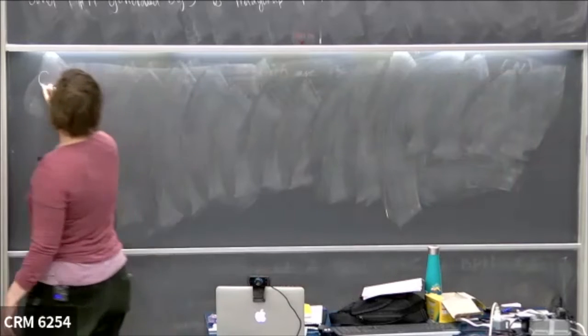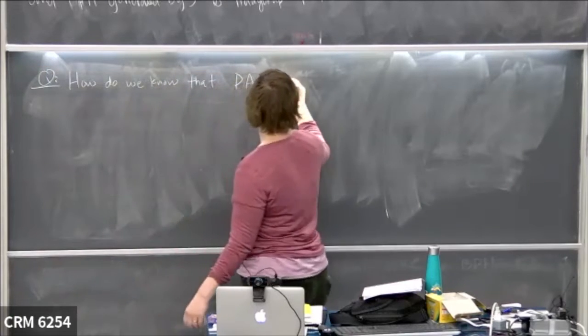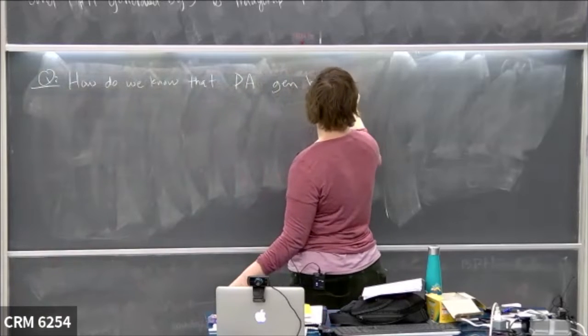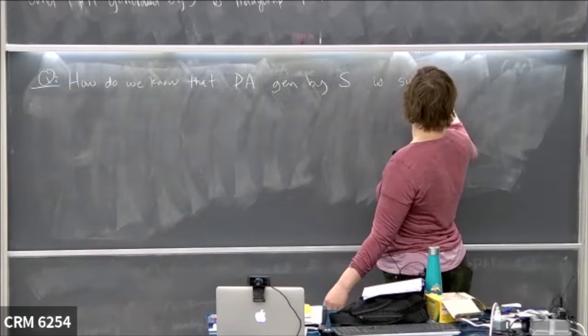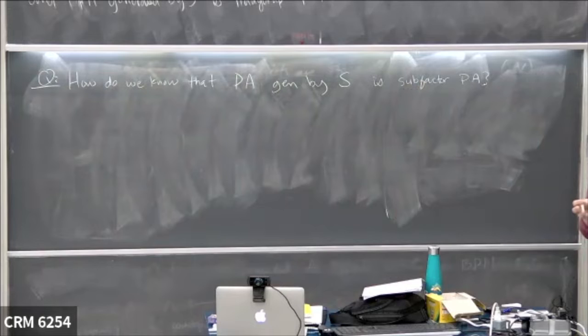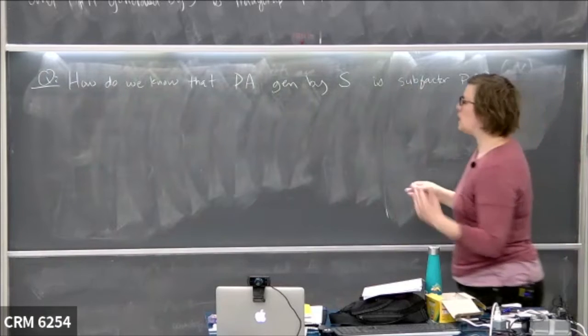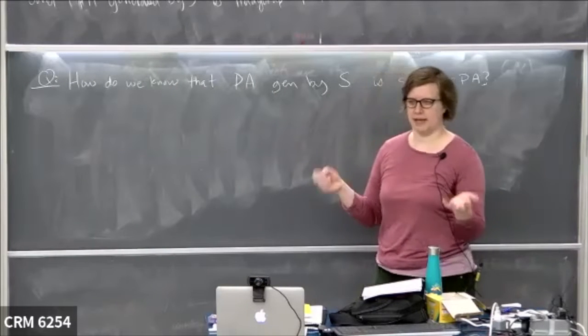How do we know the planar algebra generated by this generator S is a subfactor planar algebra? By the way, when I say the planar algebra generated by S, I mean take all the planar diagrams you can make with any number of copies of S in them.